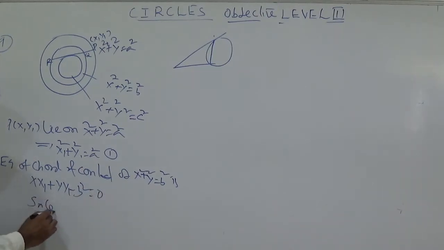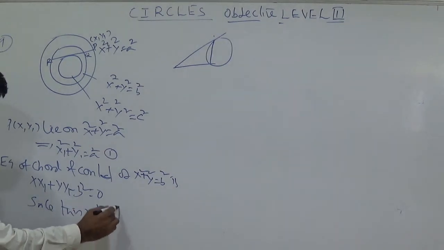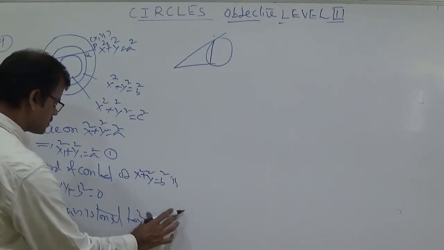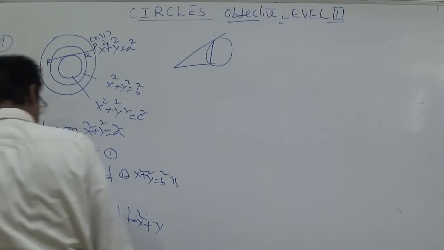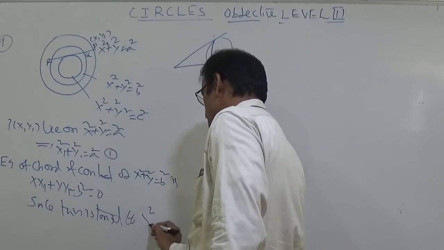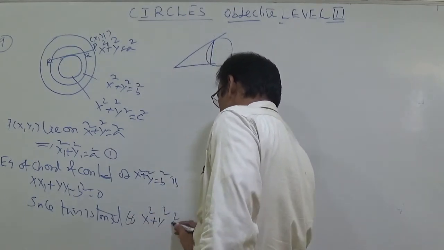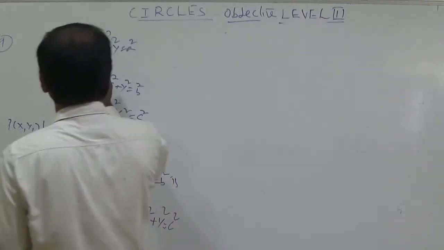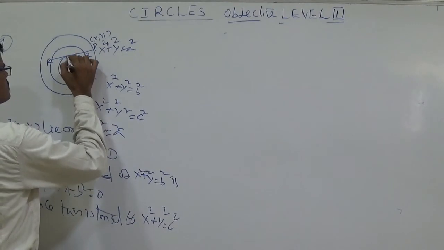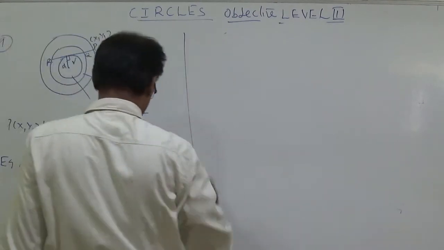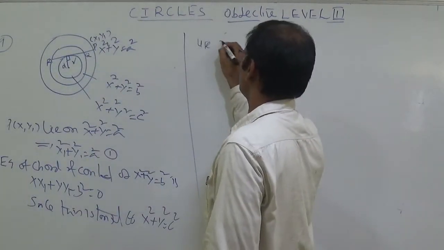Since this line is tangent to the circle x square plus y square equal to c square, use r is equal to d. This is the distance from the center to this line. r is equal to d, where r means c.